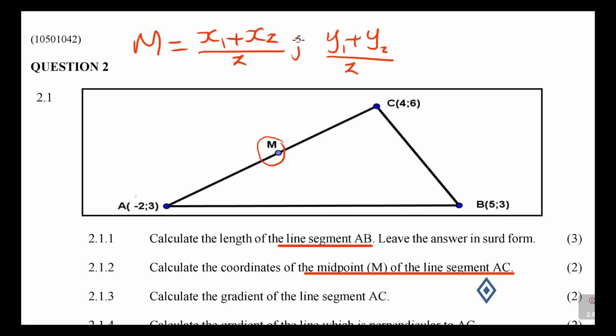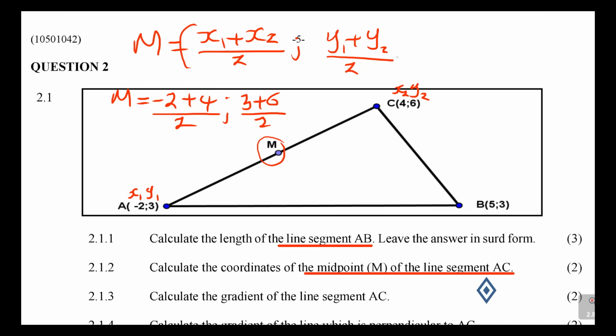So let me make my A be the x1, y1, and my C be the x2, y2 version. So now my M in this case will be equal to, now x1 is negative 2 plus x2, which is 4, over 2, and then my y1 is 3 plus y2, which is 6, over 2.